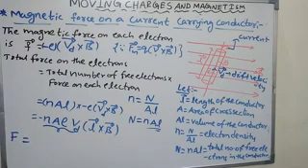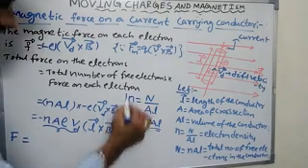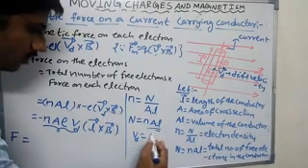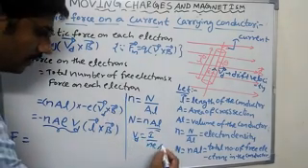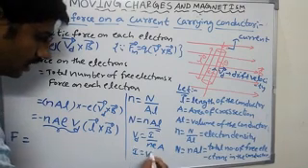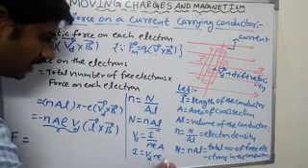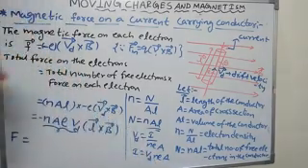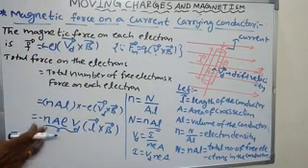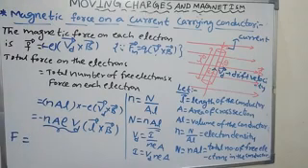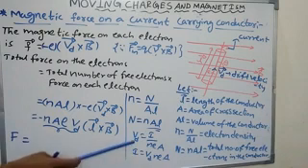I hope you understood drift velocity. What is the drift velocity? Vd is equal to I by nEA. Then I is equal to Vd nEA, which is nothing but the current in a conductor. You learned this in current electricity.